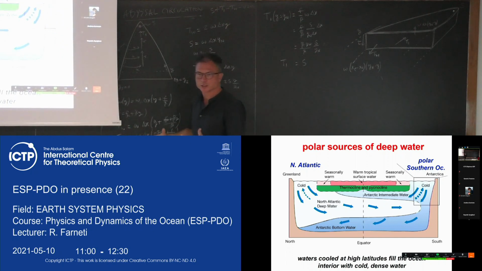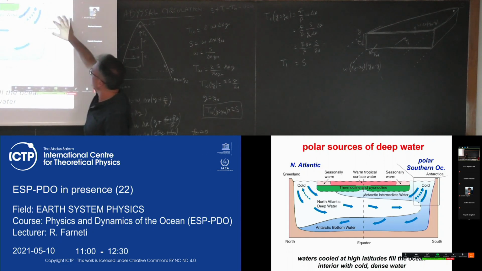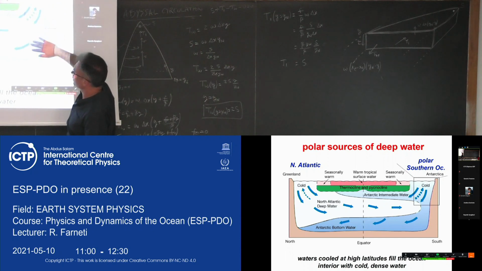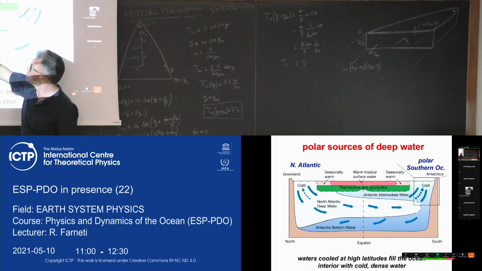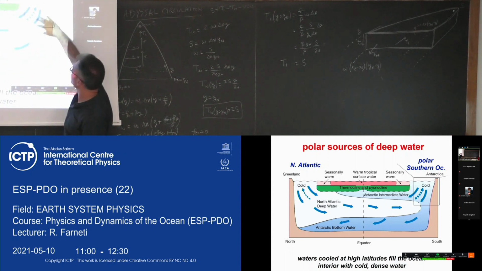So you form sea ice, water around you becomes saltier, denser, and sinks to the bottom. The water that you generate in Antarctica is denser because of larger brine rejection, and cold is denser, and it fills the abyss below the water produced in the Atlantic, which is dense but not as dense as the one produced in Antarctica.